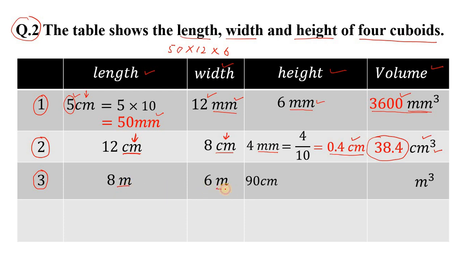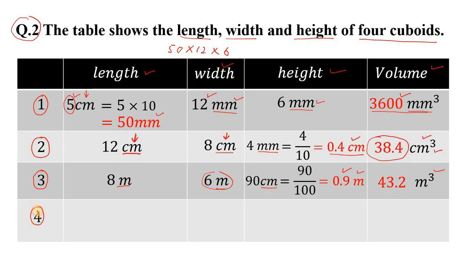Height is in centimeter, so we convert centimeter into meter. When we convert centimeter into meter, we divide the given value by 100. After dividing by 100 we get 0.9 meter. So all values are in meter. So 8 meter multiplied by 6 meter multiplied by 0.9 meter, we get 43.2 meter cube.